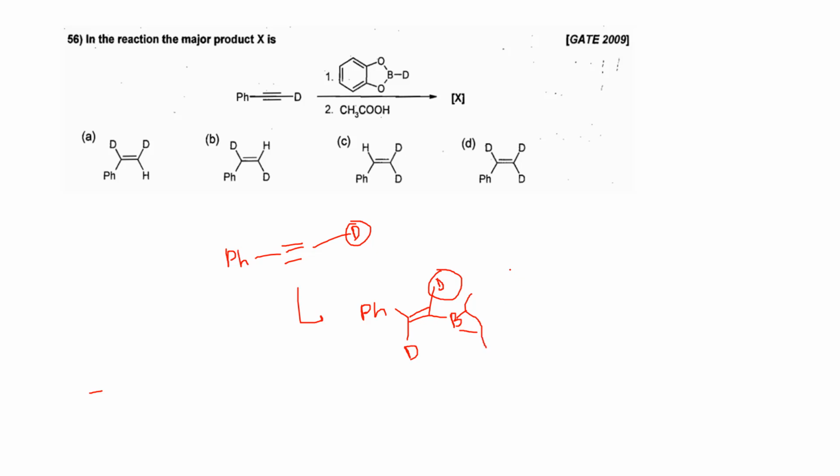Now if we add acetic acid, what will happen? The carbon-boron bond will be substituted by the carbon-hydrogen bond. So the product will have a D, and there will be a D, but as this is simple acetic acid, we will get H here.